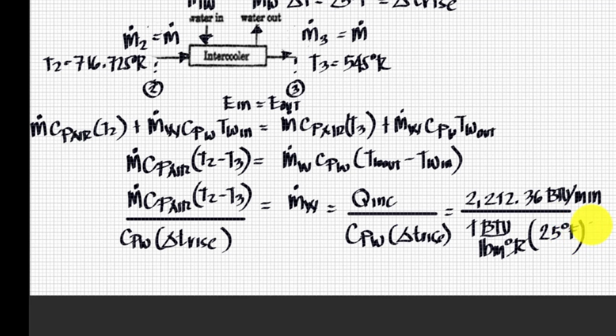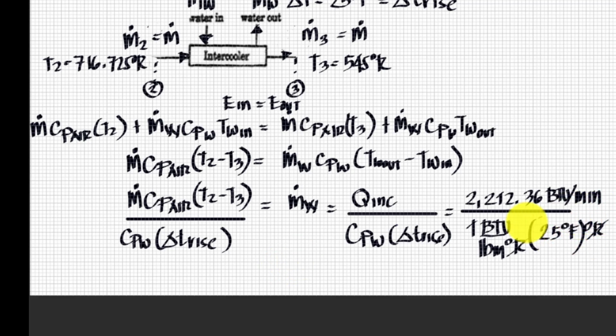So for the purpose of representation, we can say that this is a degree Rankine also since this is already a rise in temperature. If you're going to add the value for the initial state to the final state, that will lead to cancellation of the 460 degrees we added in order to make it absolute.